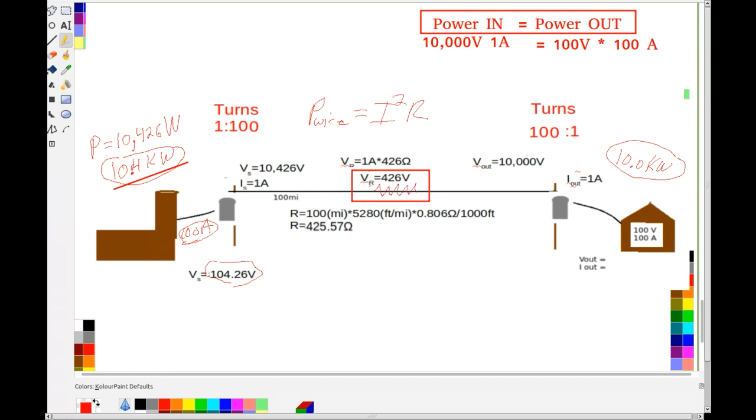Okay, so the power being lost is I squared R. So if I is equal to 1, 1 squared is just 1, times the 426 ohms at 3 significant digits gives me, I'm losing 426 watts.